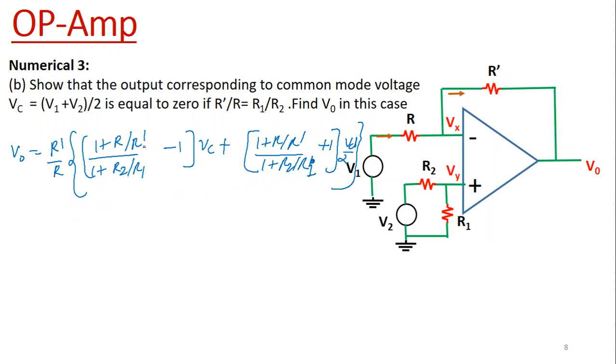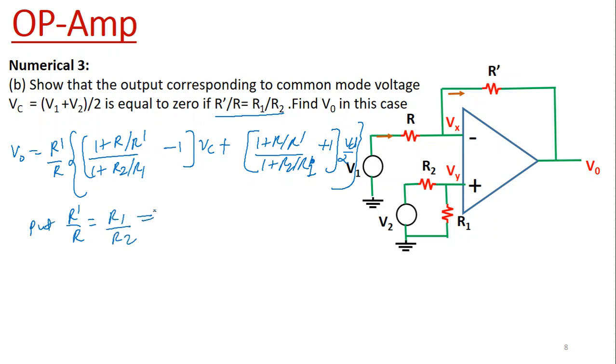Now in the question itself the condition is given that R dash by R is equal to R1 by R2. We have to put this.